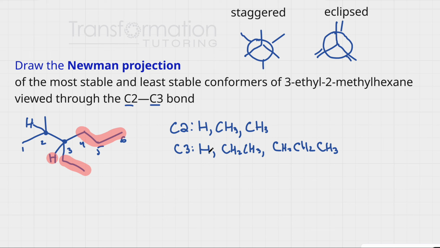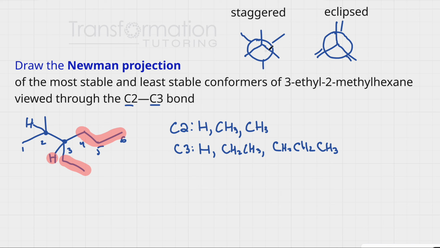Now that I have listed the 3 groups that each carbon is attached to, I am going to draw the most stable and least stable conformers. The most stable conformer is where the front carbon and the back carbon are rotated in such a way that the groups attached to the 2 carbons are as far away from each other as possible.